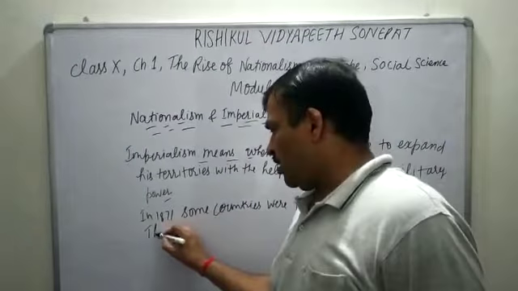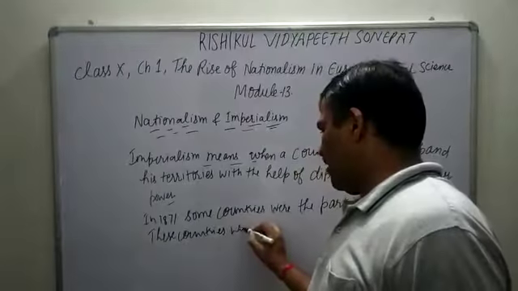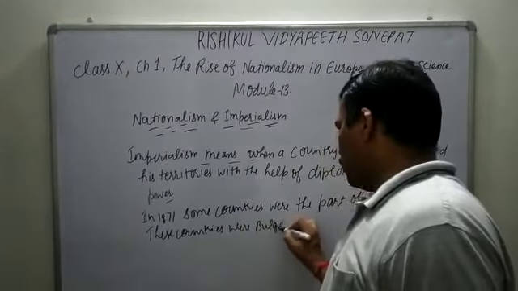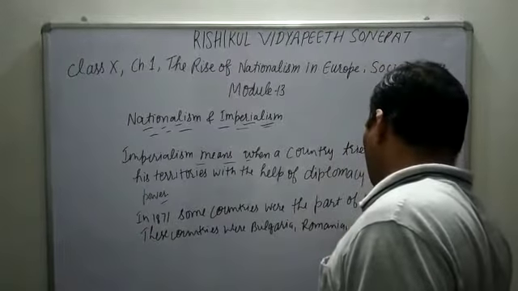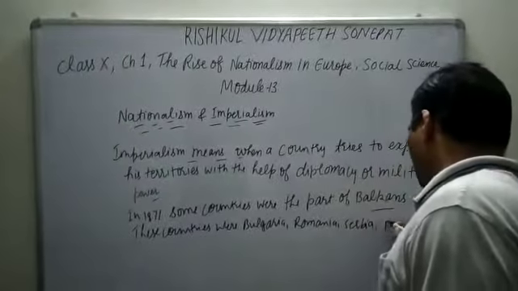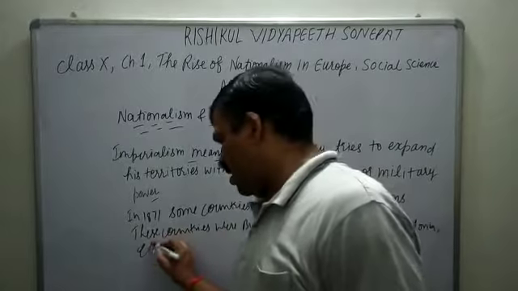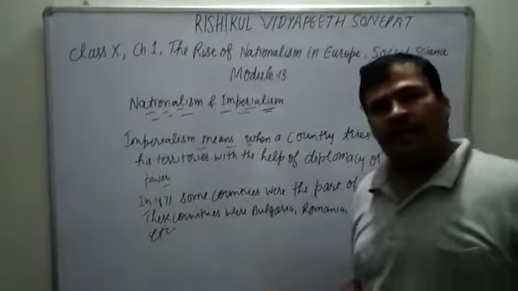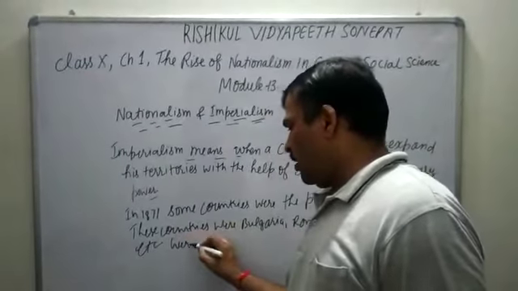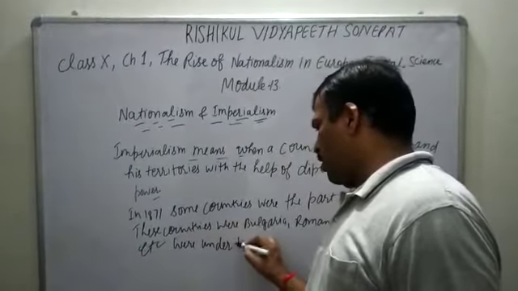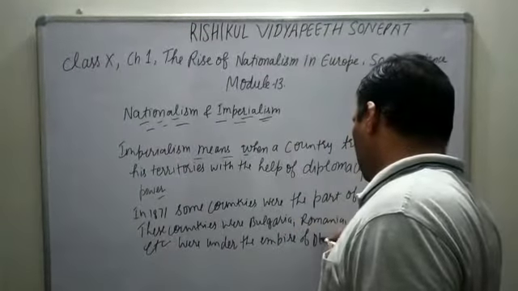These countries were Bulgaria, Romania, Serbia, Macedonia, etc. These countries were under the empire of the Ottomans.